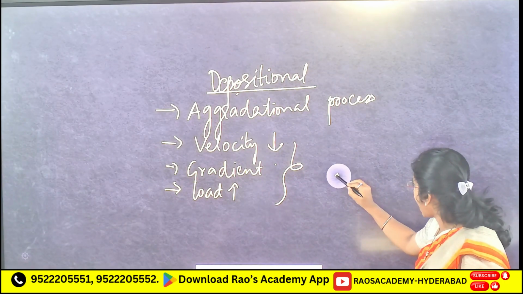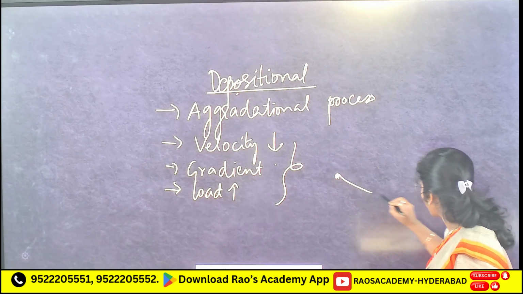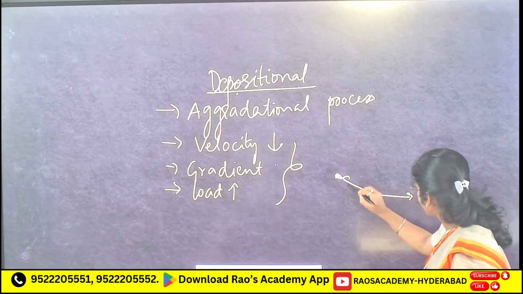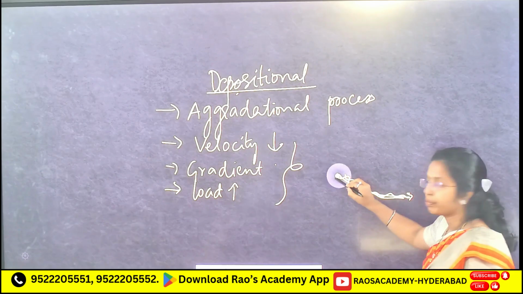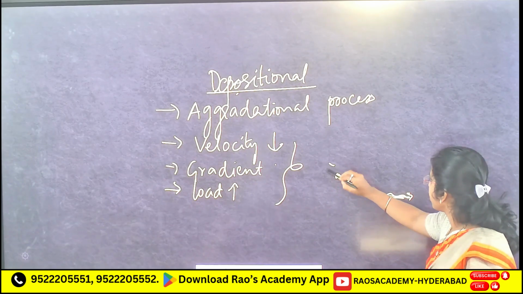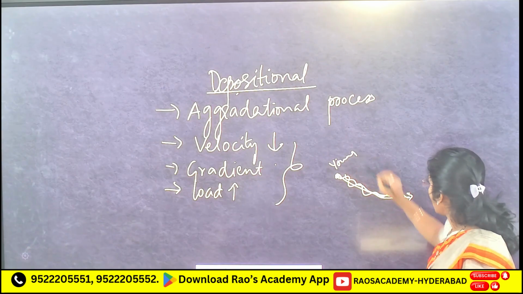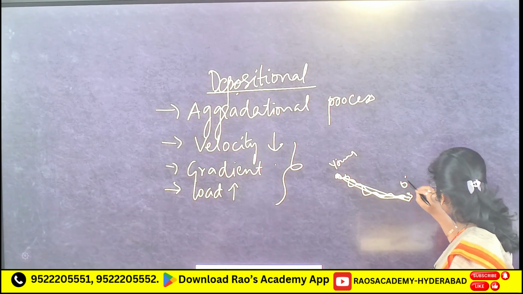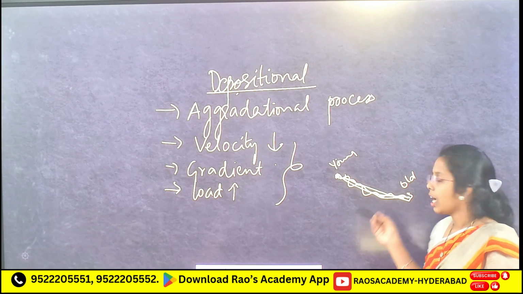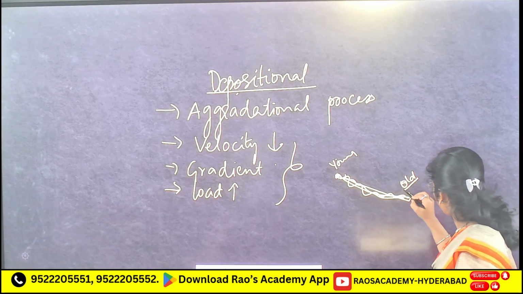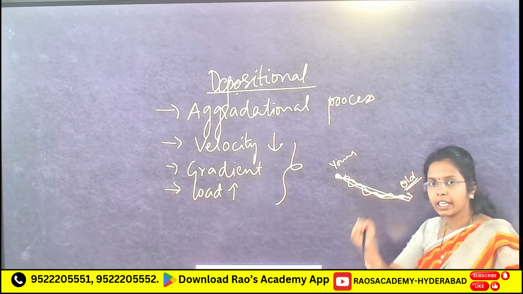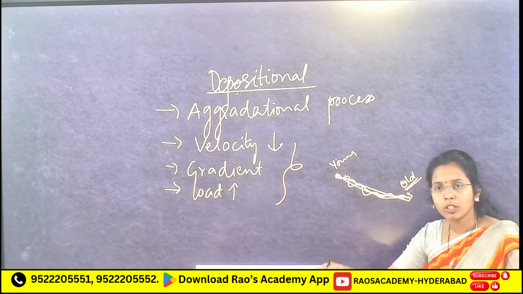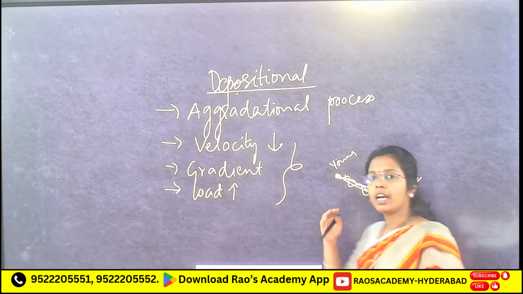Now a river carrying load is flowing from the young stage. When it reaches the old or mature stage, what happens? After reaching here, the gradient decreases, the slope also decreases, and the velocity of the river decreases.